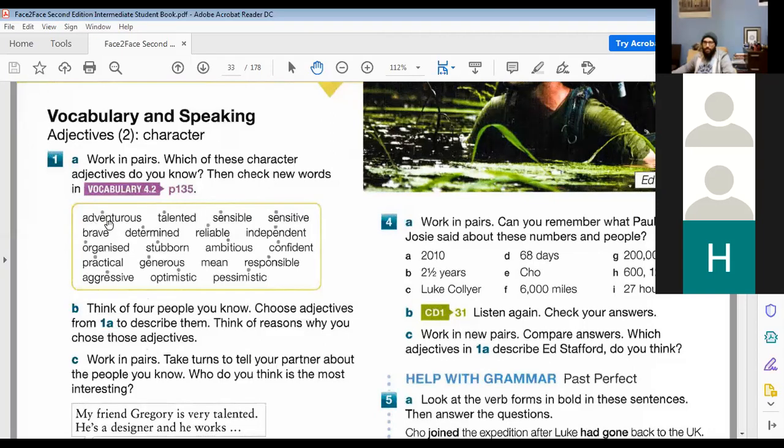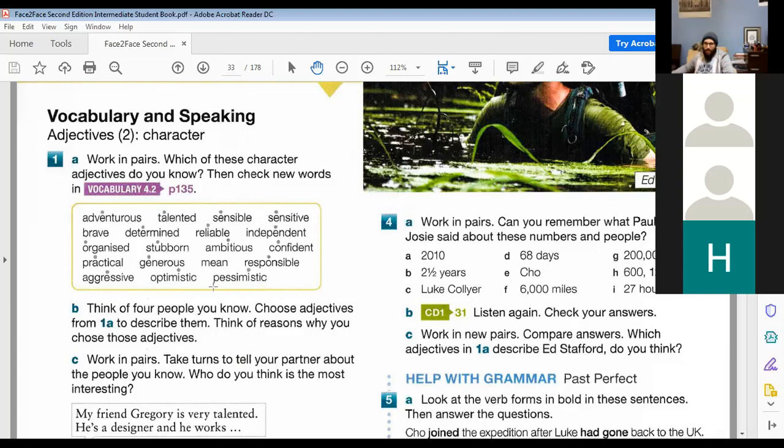So we have adventurous, talented, sensible, sensitive, brave, determined, reliable, independent, organized, stubborn, ambitious, confident, practical, generous, mean, responsible, aggressive, optimistic, pessimistic. So I think you know maybe most of them, but I think a few of them you don't know. And I'm going to make a guess.